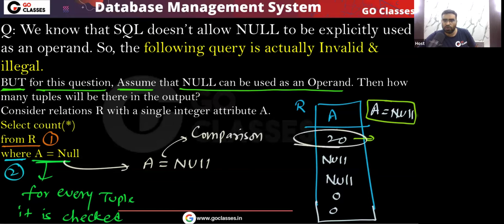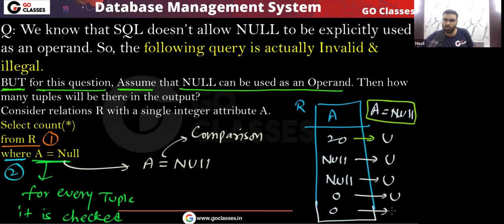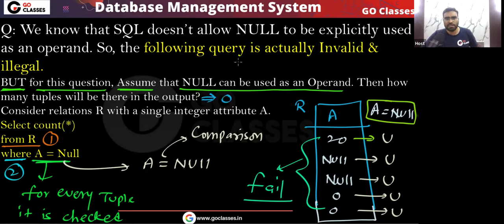So for this tuple, this condition will become unknown. And for every other tuple as well. So all the tuples will fail. Yes or no? All the tuples fail. So for this question, the number of tuples in the output will be 0.